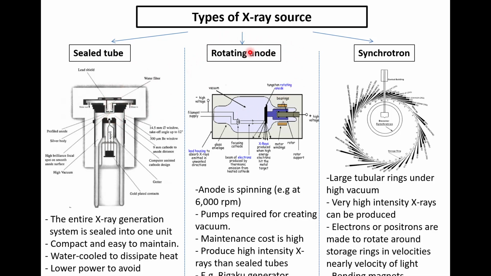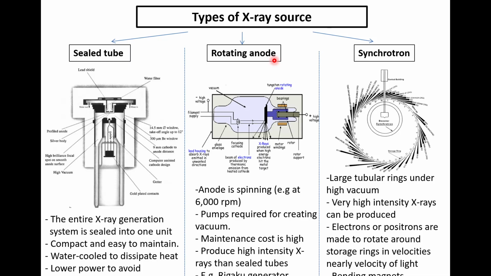But in the rotating anode, from the name itself you can imagine, your anode is continuously rotating. So the advantage is that always one surface is not exposed to the X-ray beam. When you are rotating the anode, at every angle difference, the X-ray beams are hitting a different surface of the anode, due to which it will increase the lifetime of your anode.